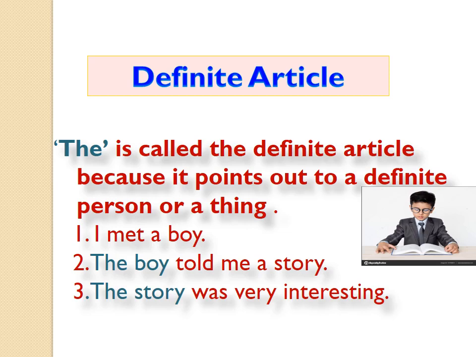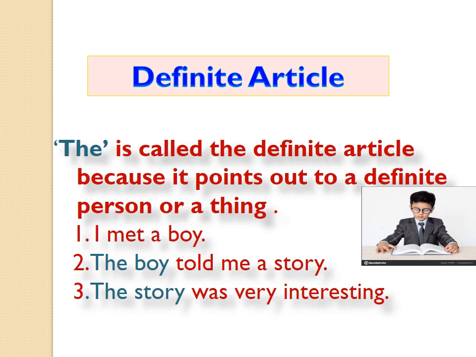Articles are words used with a noun to specify the grammatical definiteness of a noun. In other words, they define whether something is specific or unspecific. And they are a, an, and the. Now we have 2 further types of articles.